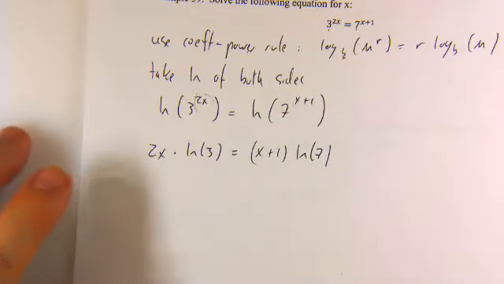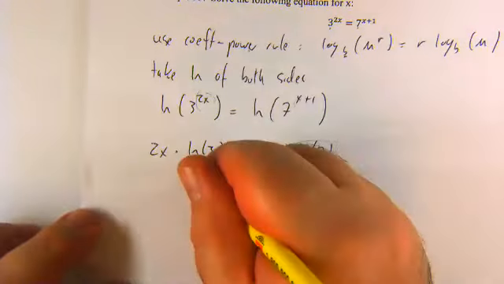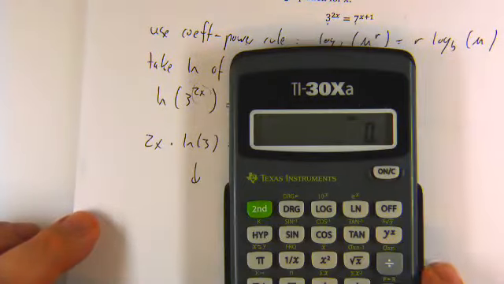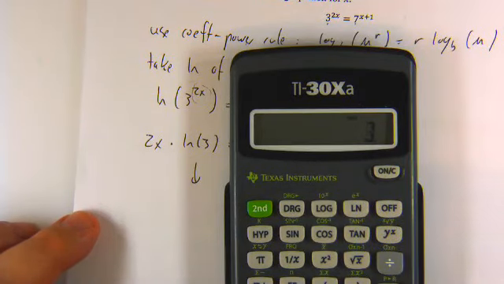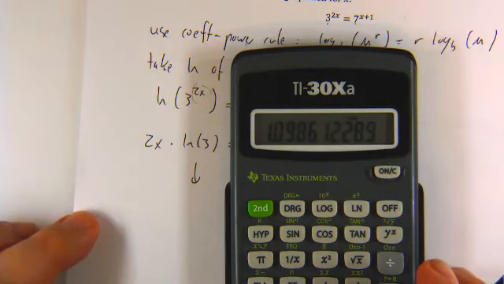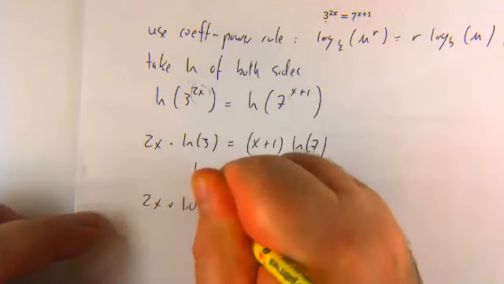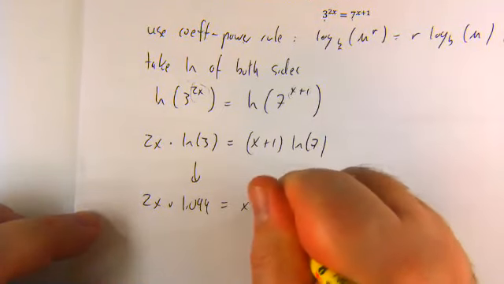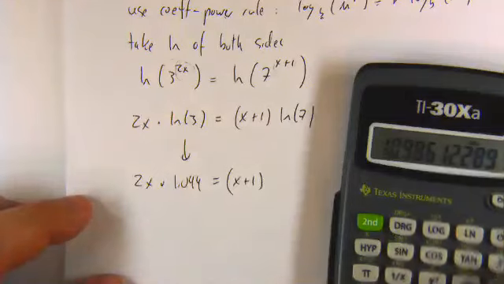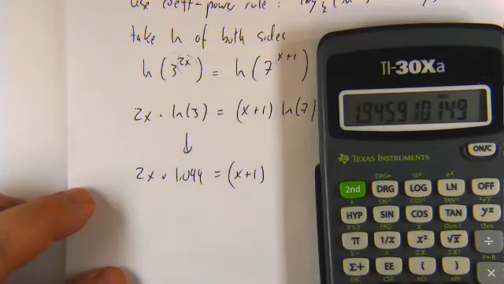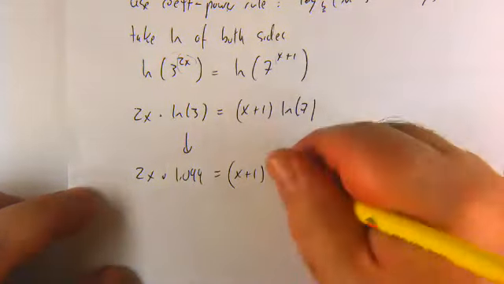And now we have the same kind of dilemma that we had before. We could say, here's my calculator again, logarithm of 3 is 1.099. And logarithm of 7 is 1.946.